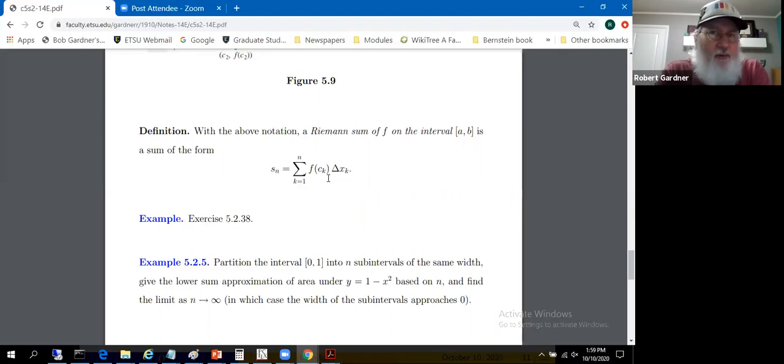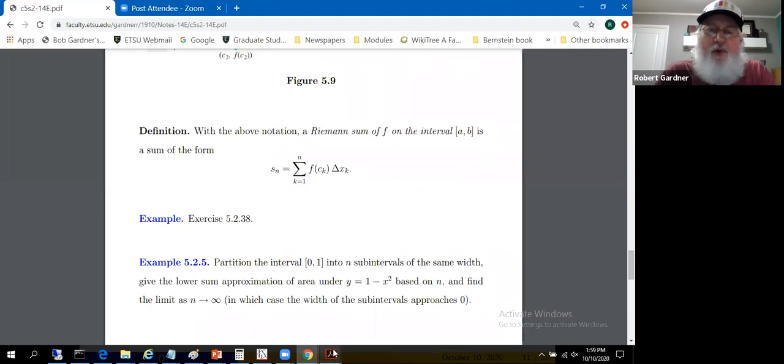There's a problem with that when the function could be negative. No problem at all when the function's non-negative. When the function's negative, we got some issues in terms of area interpretations. So Riemann sums don't always represent actual areas. They represent "areas." The problem arises when the function could be negative.